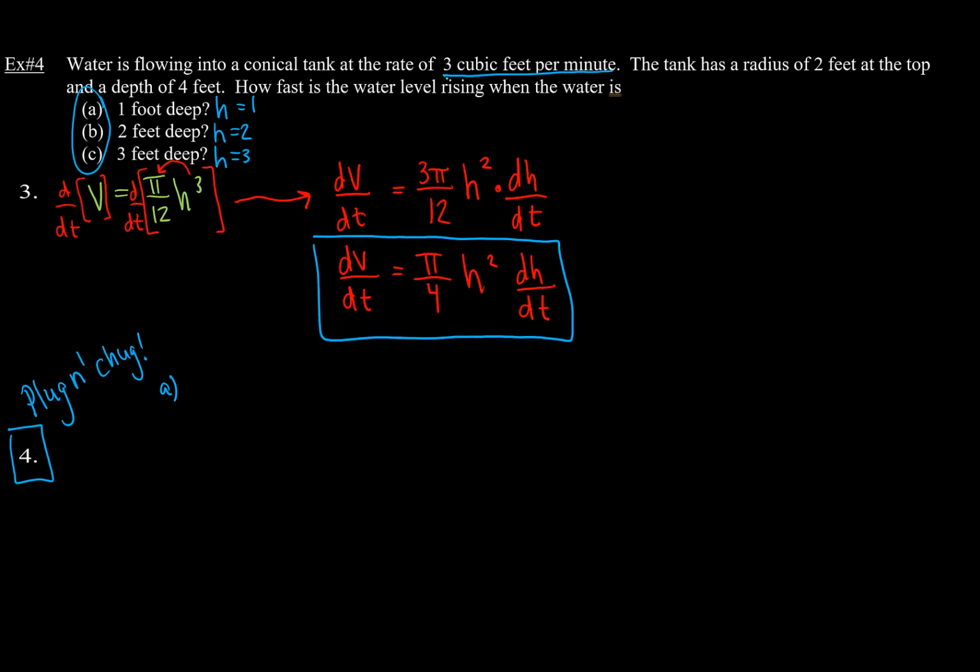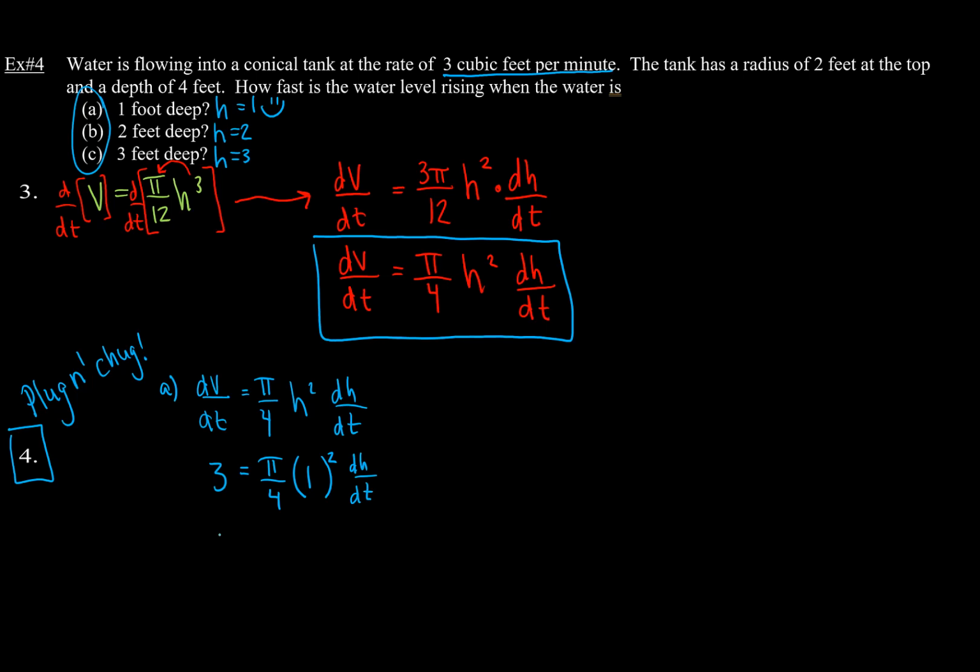My dV/dt is 3 cubic feet per minute, so I plug in here. I'm going to get 3 equals pi over 4, which goes along for the ride, times h squared, which is 1 squared, because for A I'm using h equal to 1, times dh/dt.